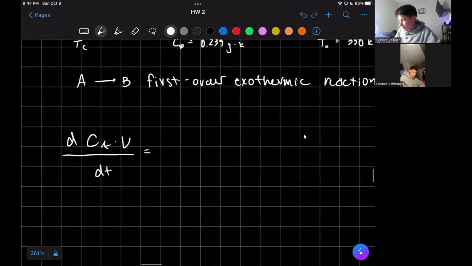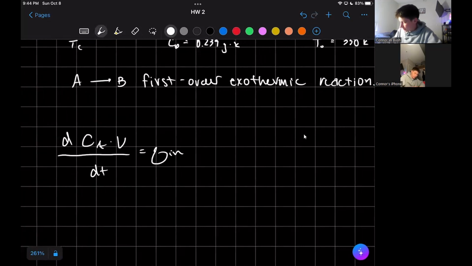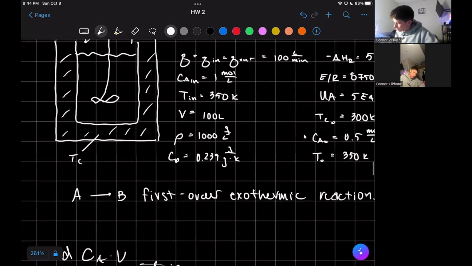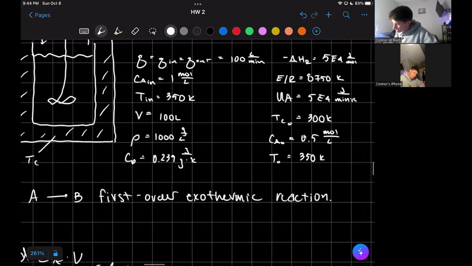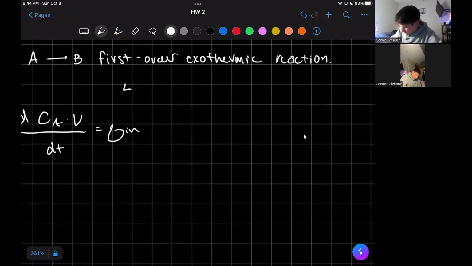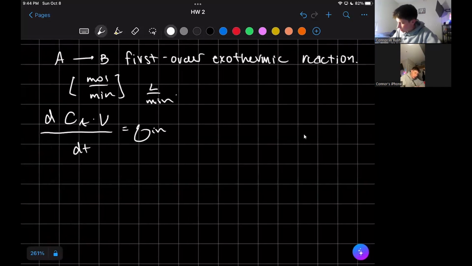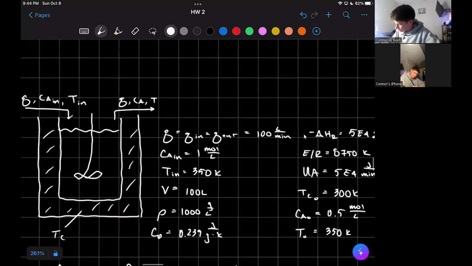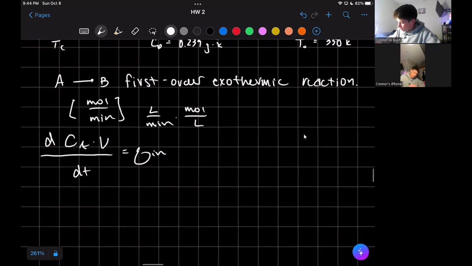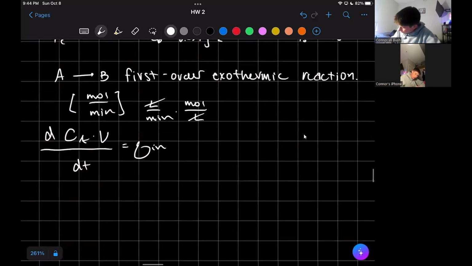We know that the flow rate coming in is in units of liters per minute, and we ultimately want this in terms of moles per minute. So if we multiply by the concentration, we get moles per liter, so that cancels out.